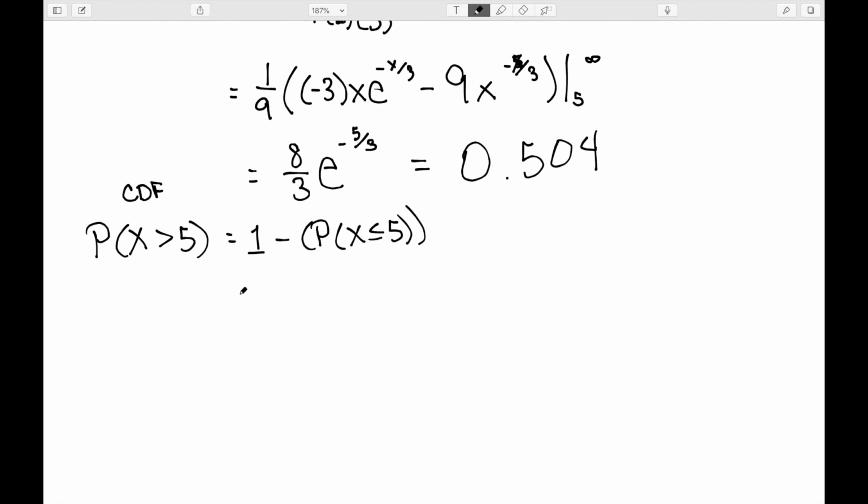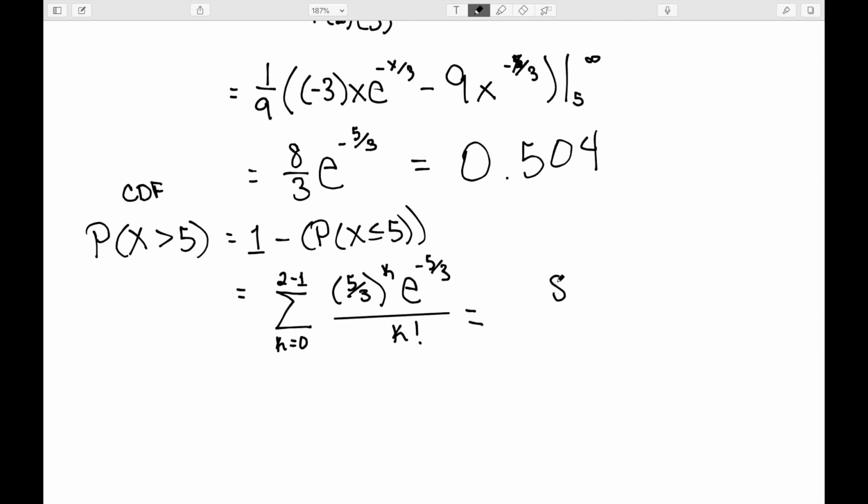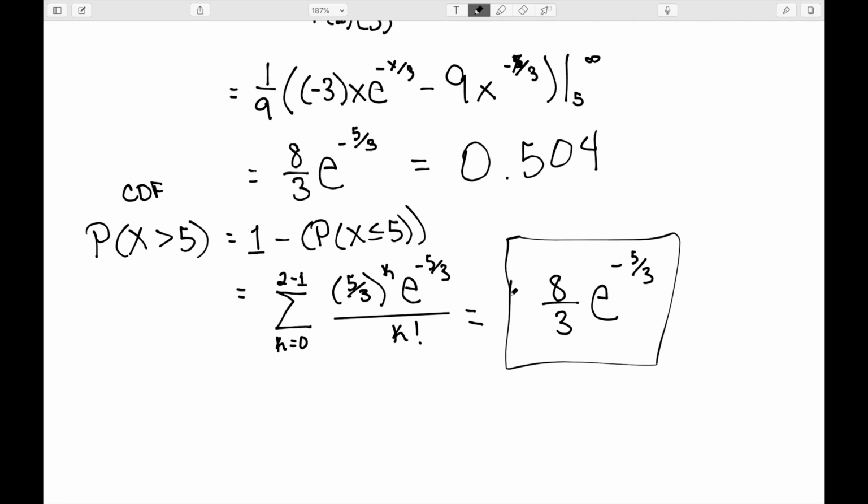And if we were to work this out, we would end up with the summation from k equals 0 to 2 minus 1 of (5/3)^k e^(-5/3) over k factorial, which also ends up being 8 over 3 times e^(-5/3). So we do have our solution.